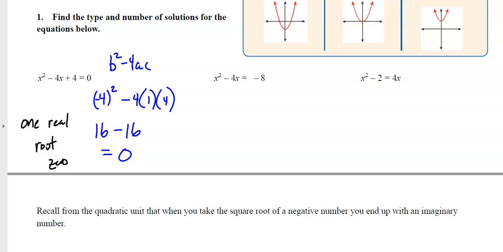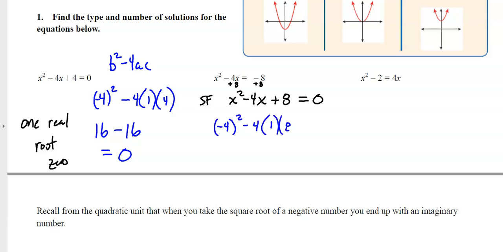Now this one I need to rewrite, and I need to get it in standard form. So I'm going to go x squared minus 4x. I'm going to move that negative 8 to the left side and call it positive 8. So technically I added 8 and I added 8. So now it's looking a little bit better. So now I'm going to do my discriminant. I'm going to say, okay, b squared minus 4 times a times c, and I get positive 16, take away 32, which is negative 16.